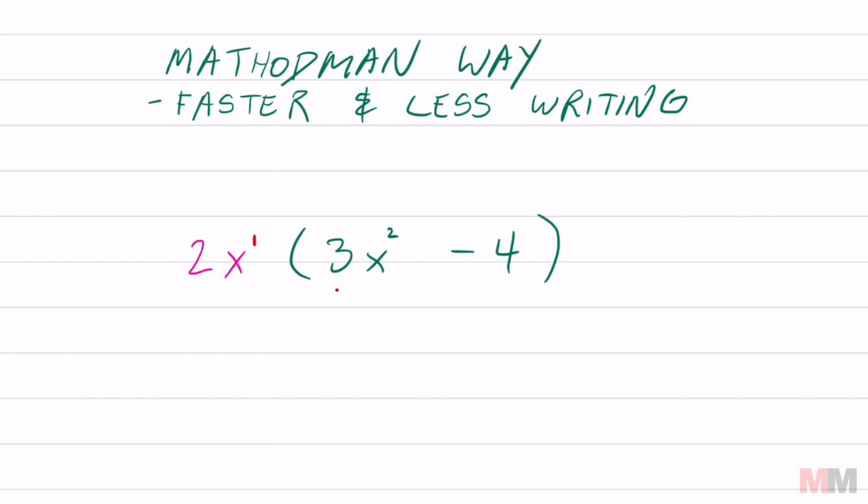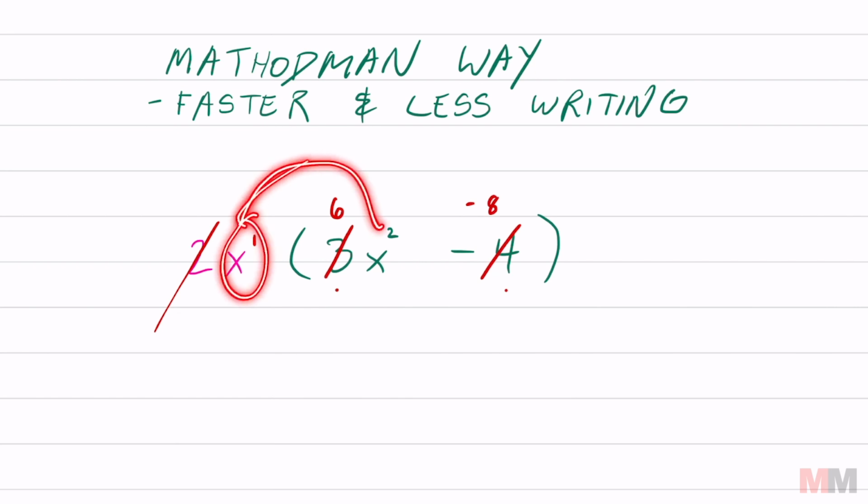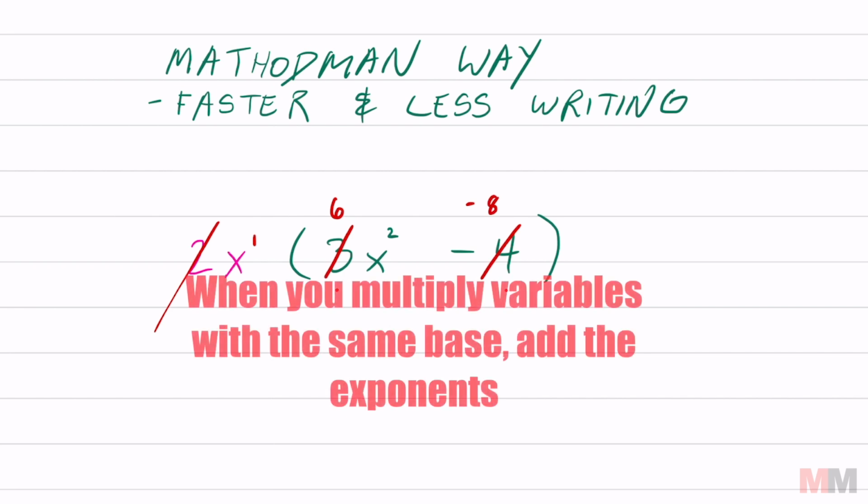I'm going to multiply 2 to 3 and negative 4, which that will turn into 6. And negative 4 will turn into negative 8. Once you dealt with that multiplication, cross it off so you don't have to worry about it. It's in the past. We dealt with it. It's gone. Now we got to worry about this x to the first that we got to multiply to both of these terms. The rule with multiplying exponents with the same base, or variables with the same base, you got to add the exponents.